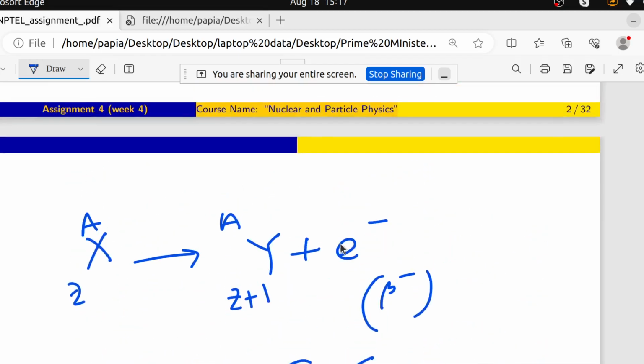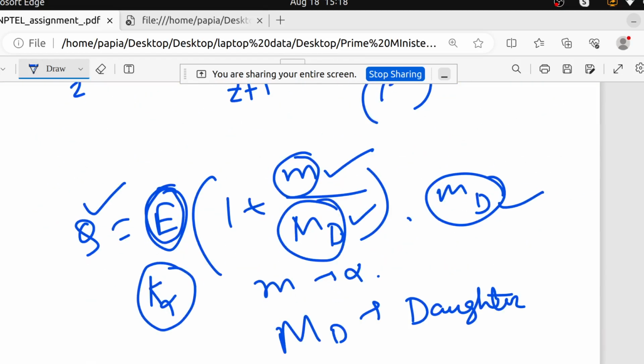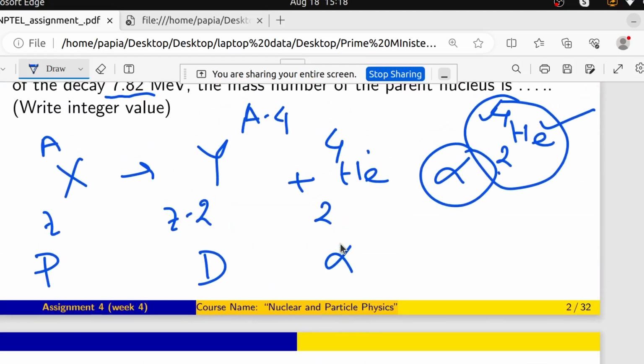But in the question, they are asking for the mass of the parent nucleus. They are not asking about the mass of the daughter nucleus. If they were asking for the mass of the daughter nucleus, it would be md, but they are asking for the parent nucleus, that means mp will be nothing but md plus 4, because you can see from the expression that the mass of P is md plus 4, since the alpha has 4 and md is a minus 4.